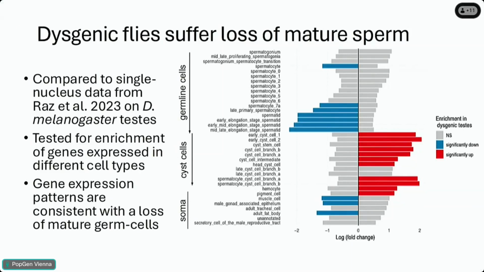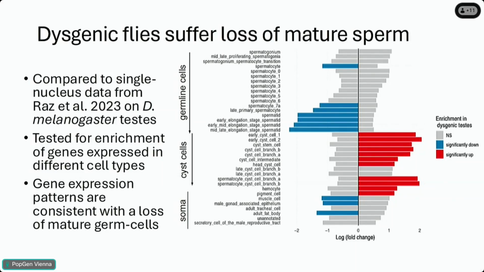And we compared those to our up and down regulated genes to look for cells where our down regulated genes are preferentially expressed, and we can infer that maybe those cells are missing. And cells where genes in our upregulated data set are expressed more might be overrepresented in our data set. Okay, I hope that wasn't too confusing. I feel like it's simple in my head, but it was confusing when it came out of my mouth.